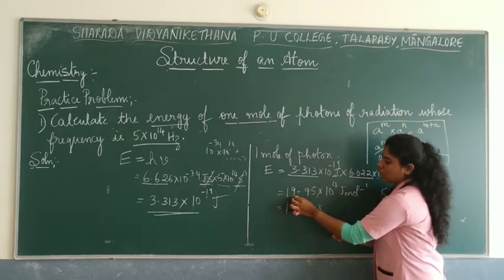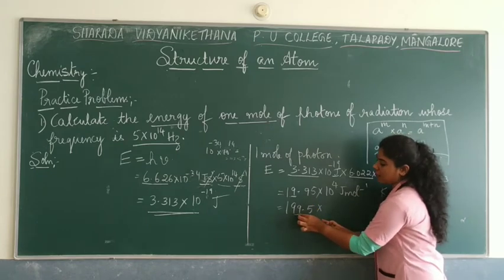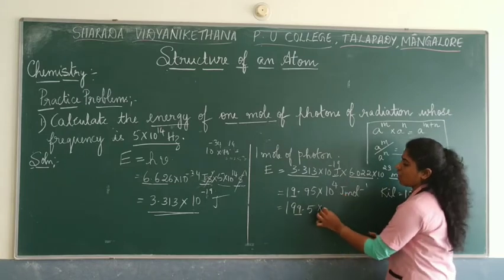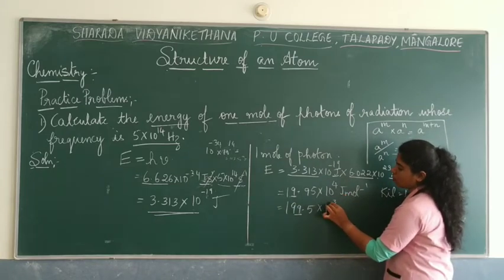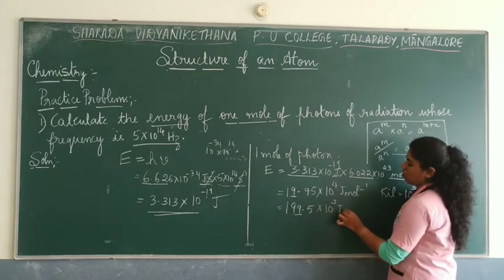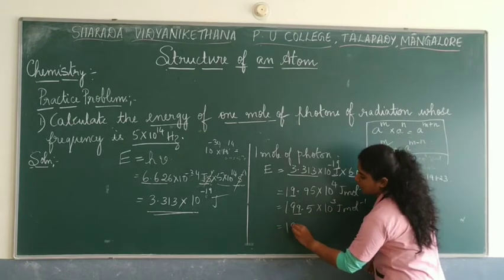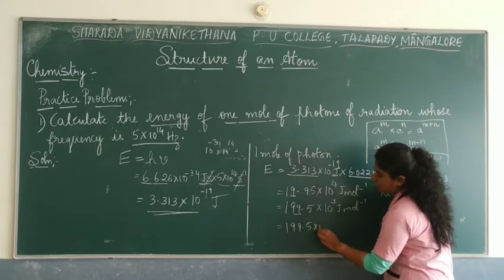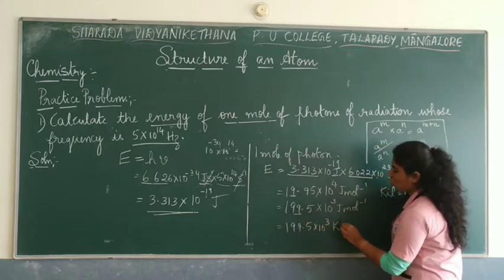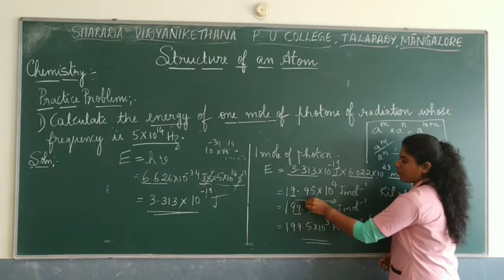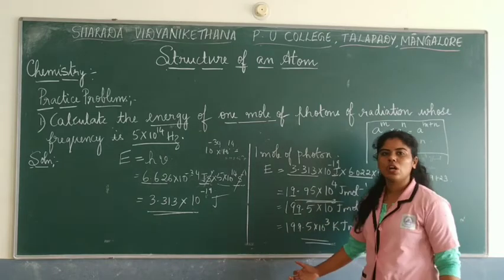Here it was in the tens place, and you're making it hundreds. So you're adding one more power of 10 here. So this becomes one less, 10 to the power 3 joule per mole. Or you can write 199.5 into 10 to the power 3 kilojoules per mole. You can either stop here or you can convert it to kilo.